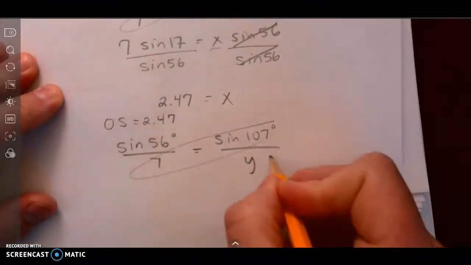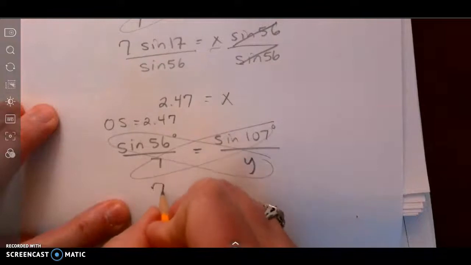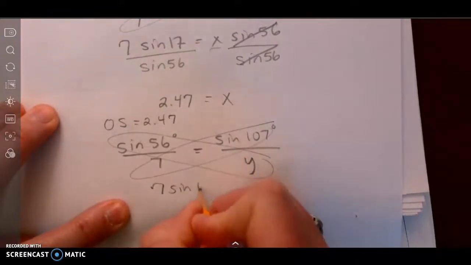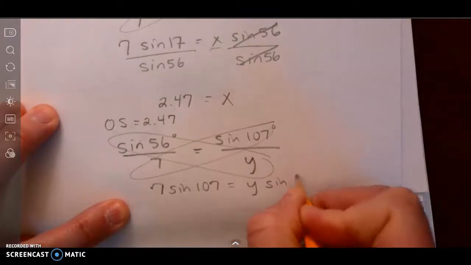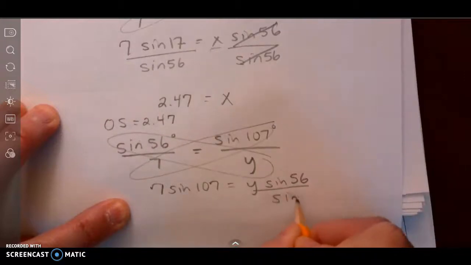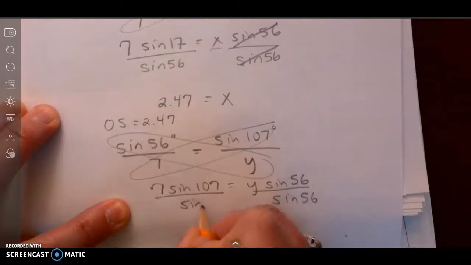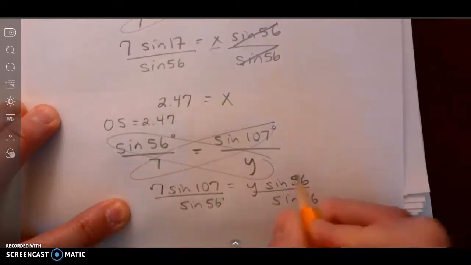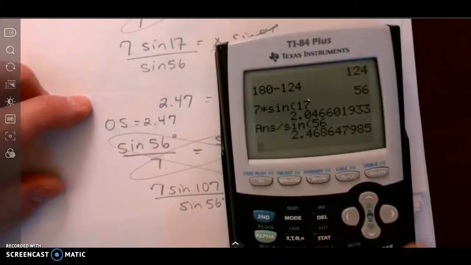Going to cross multiply, and I get that 7 times the sine of 107 is equal to y times the sine of 56. Solving for y, so I'm going to divide both sides by the sine of 56. And I'm going to put this into my calculator.